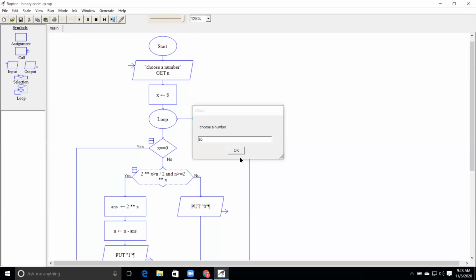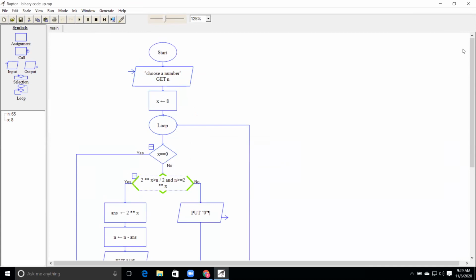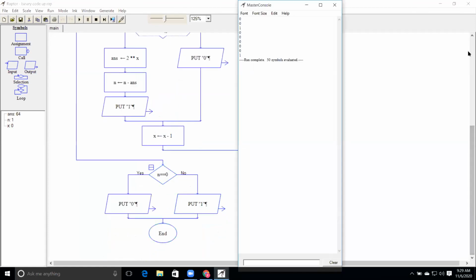Slow your speed so that we will look into that. Okay, sir. So this is the code, sir.